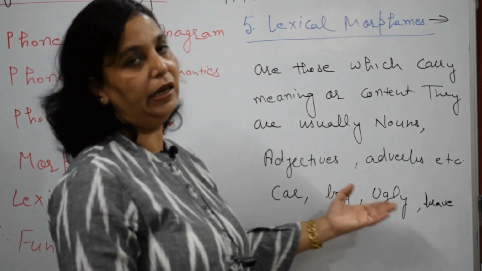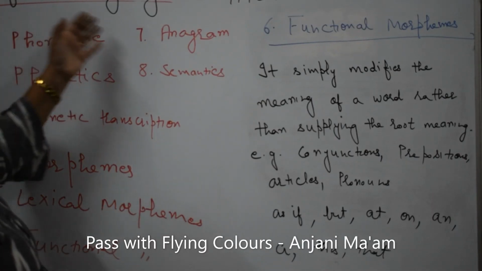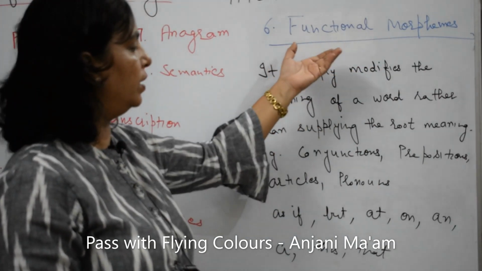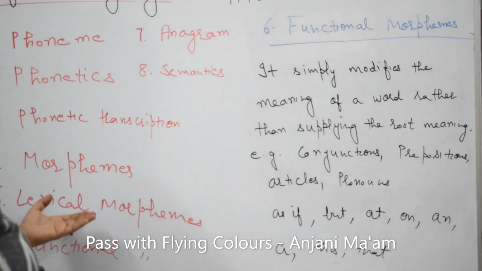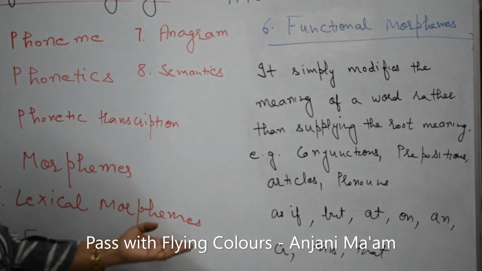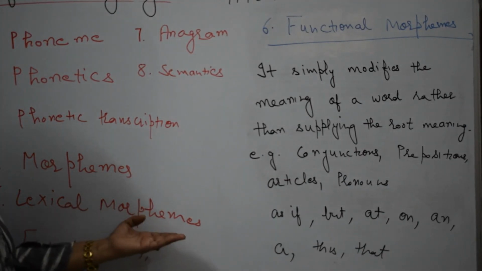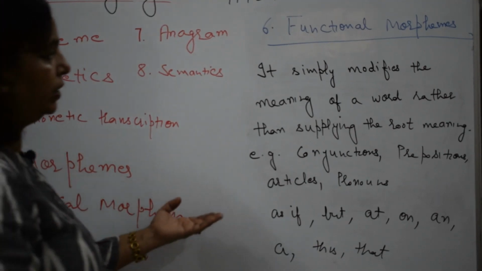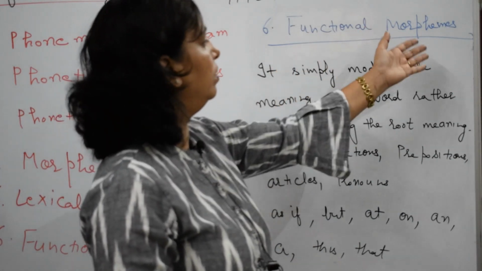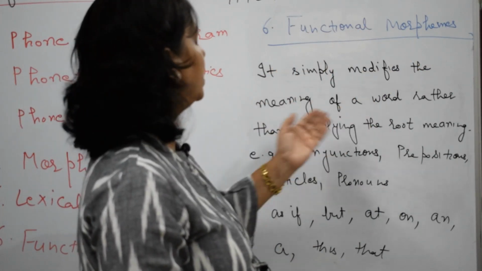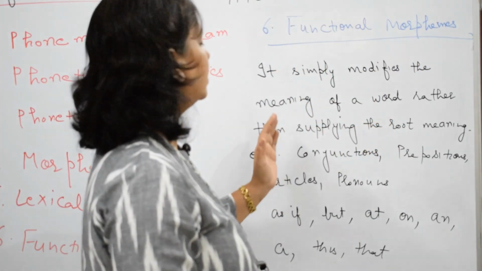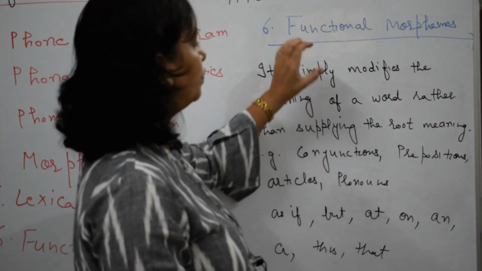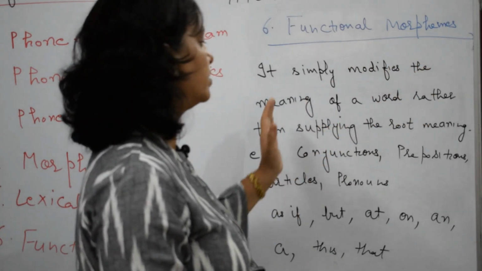They can stand alone. The sixth important component of language is functional morphemes. Actually, it is totally the opposite of lexical morphemes. Earlier we studied lexical morphemes, which means nouns, adjectives, adverbs that stand independently and have a meaning. But functional morphemes simply modify the meaning of a word rather than supplying the root meaning. It means we can't use functional morphemes without sentences.